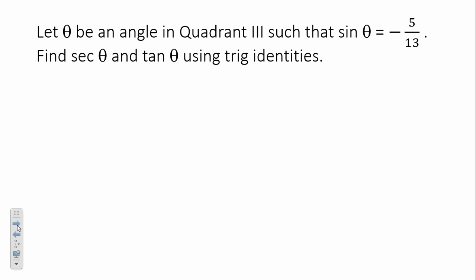Let theta be an angle in quadrant 3 such that sine is negative 5/13. The y is a 5. 13 is the r. And we're going to be negative on the y part because our radius will never be negative. They want us to find the secant and the tangent using trig identities.